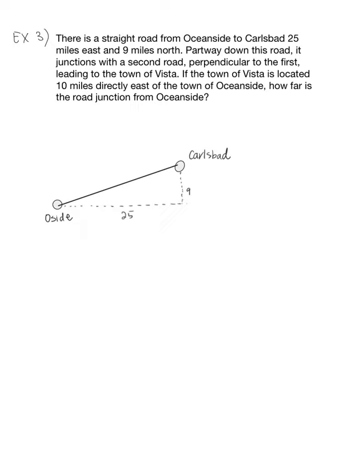Now let's understand the second sentence here. It says partway down this road. So we're talking about this road. It junctions with the second road, perpendicular to the first. So first is this one, leading to the town of Vista. So that means that somewhere along here, there's going to be another road that's going to be perpendicular to this road.